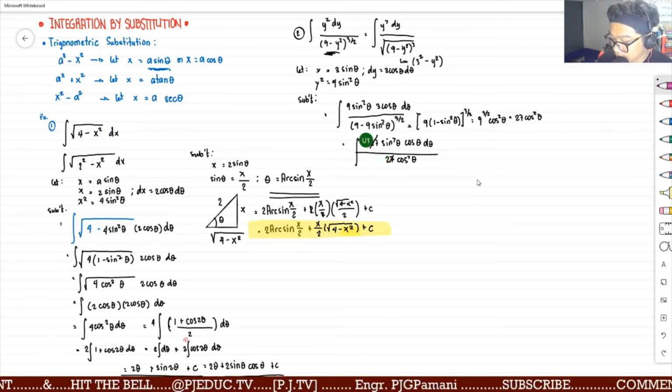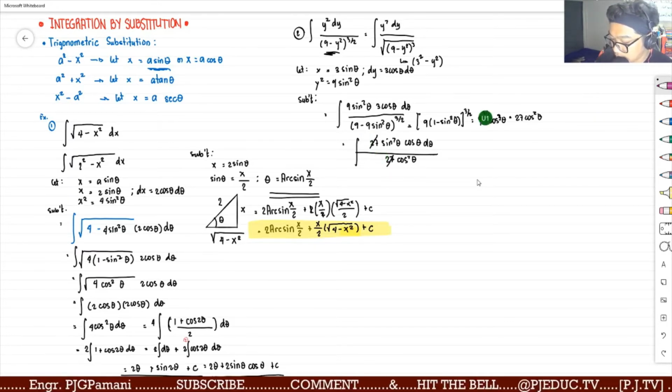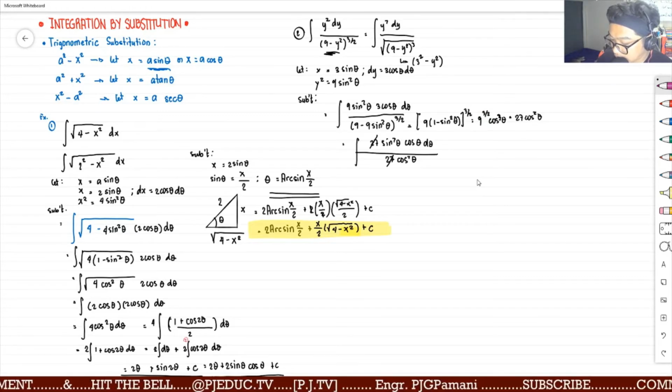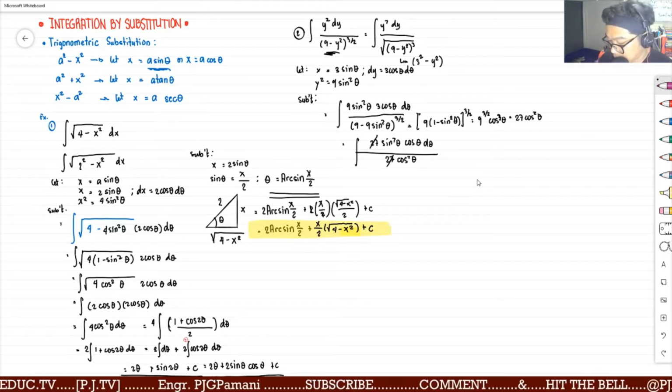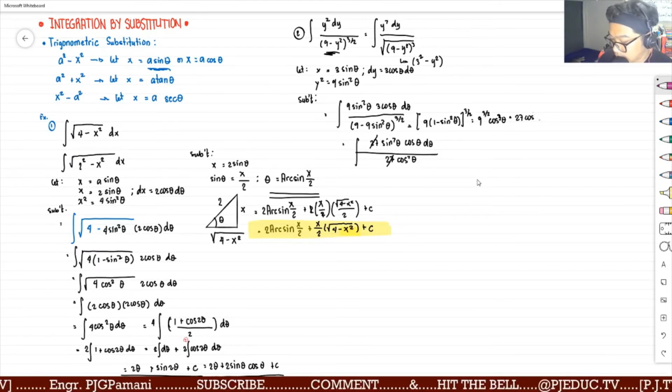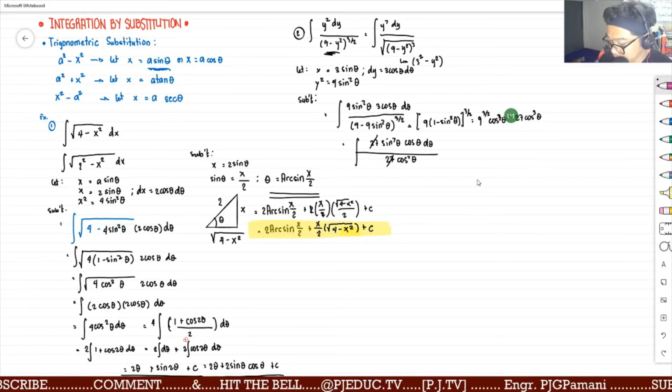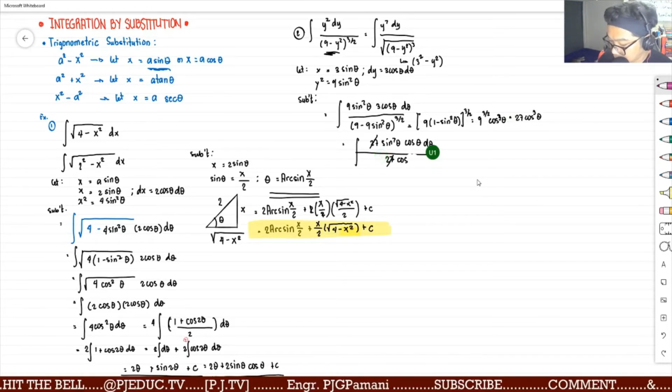Let's cancel the constants. It's simply cosine squared raised to 3 halves, that is cosine cubed theta.